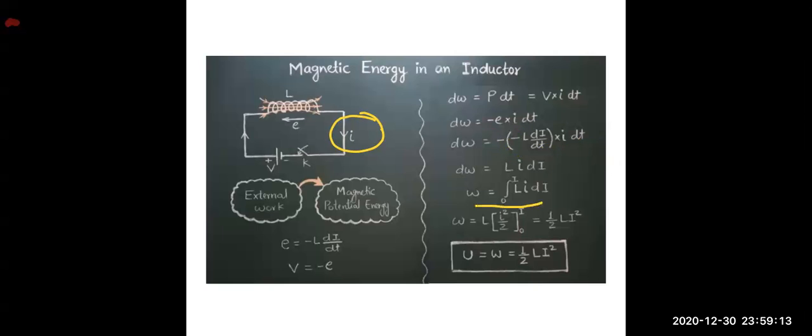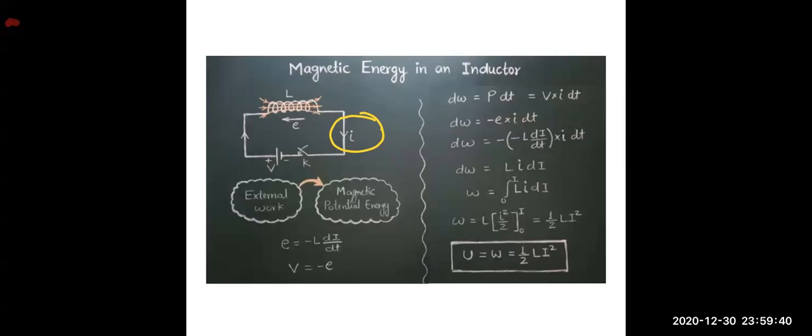Suppose we want to find the total work done by the battery in order to bring its current from 0 to capital I. So we have to integrate it. This will be the total work done by the battery to maintain the current from 0 to capital I. Here L is the self-inductance, and its value is constant, so that will come out of the integration.